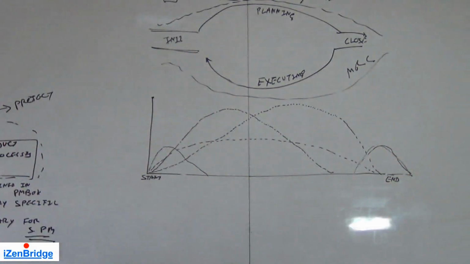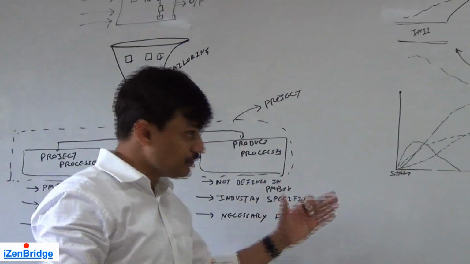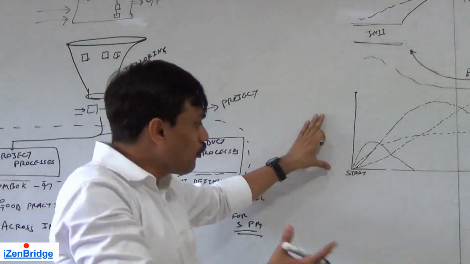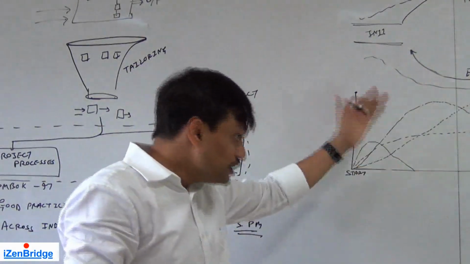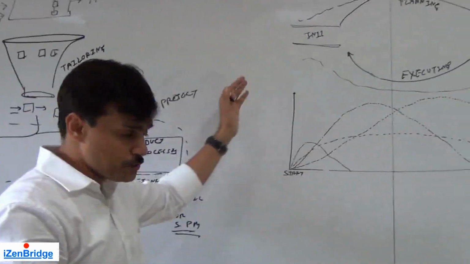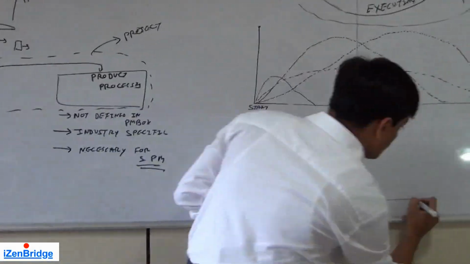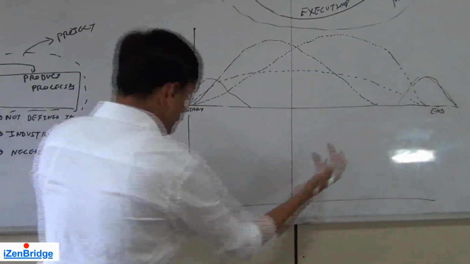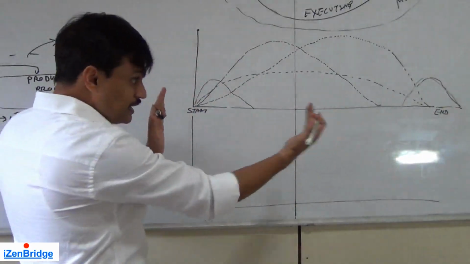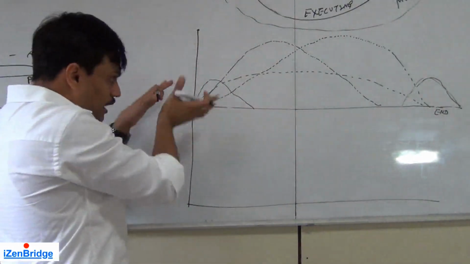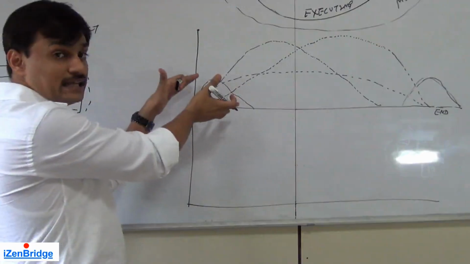But let us take an example of iterative or adaptive. So this was an example for a predictive type of life cycle and the interaction of the life cycle with the process groups. If we have an iterative life cycle, this distribution will get divided into iterations. So every iteration will have a grouping, something like this.